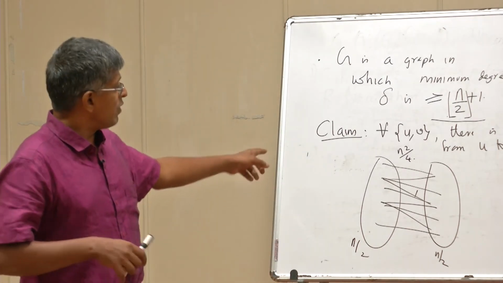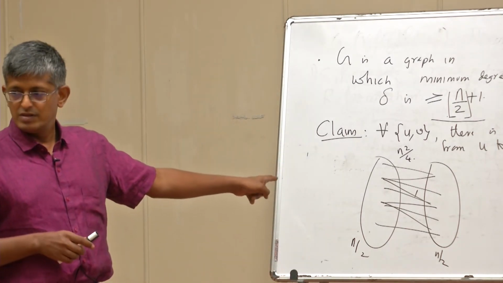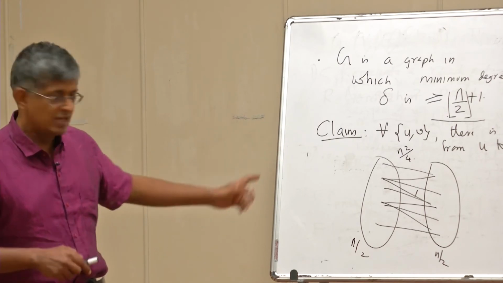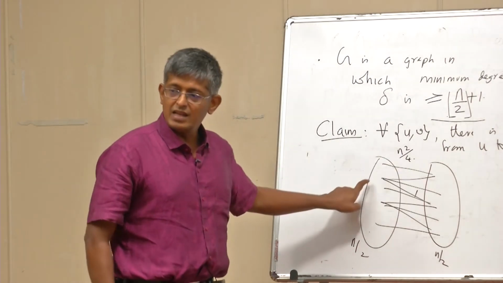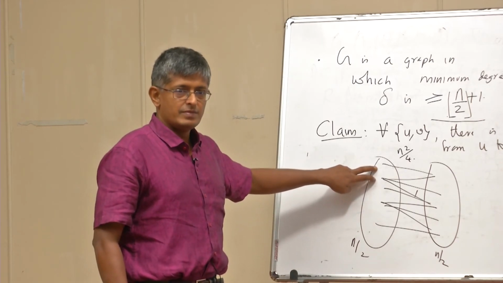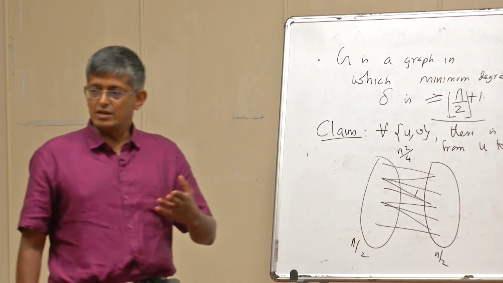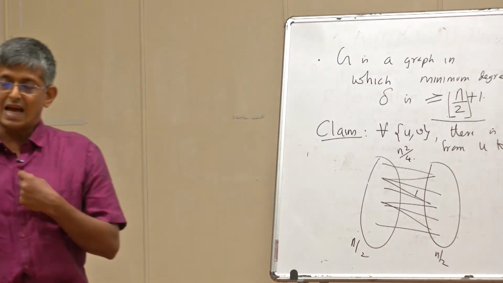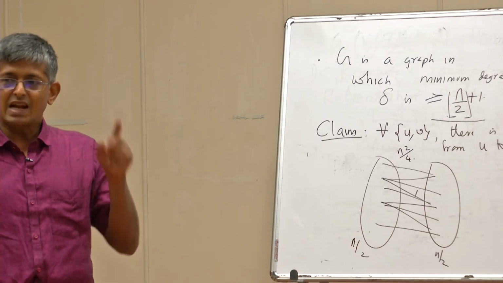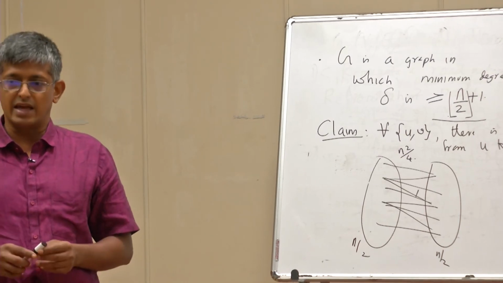I put more than half of NC2, that is, n square by 4, and you can see that there is no triangle because there is no edge between left and left. So there is obviously no triangle, but the graph has as many as n square by 4 edges. To this graph, if you add one more edge, you will always create a triangle.